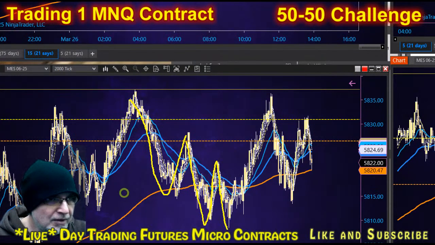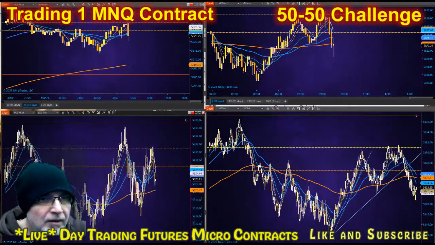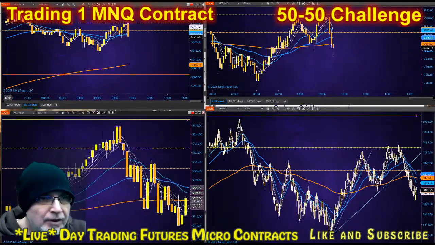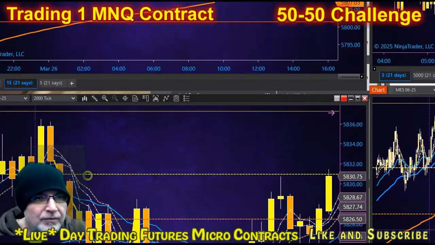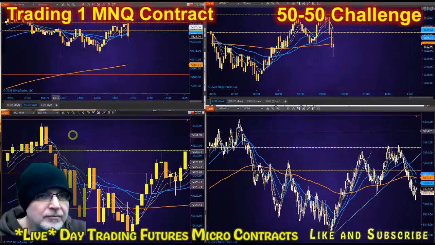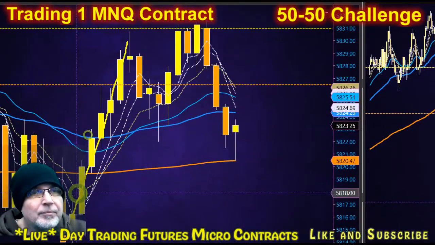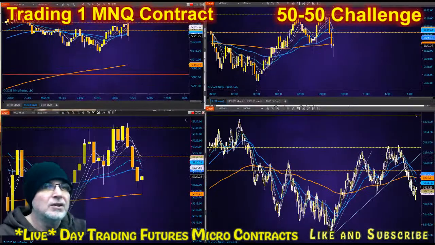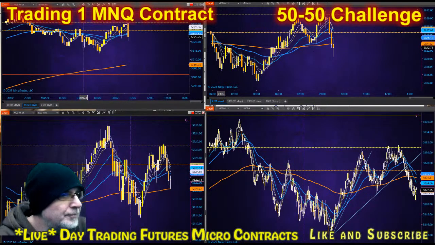Came down here, 50% retracement. Over here, came down, 50% retracement. Right here, went up, literally 50% retracement. So that's one of my strategies, 50% Fibonacci retracement, the 50 golden zone retracement.